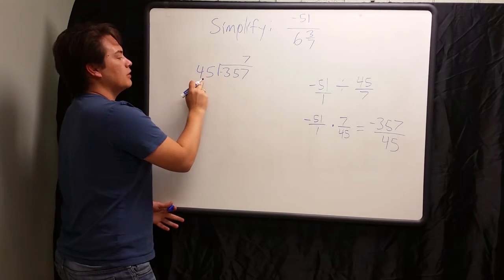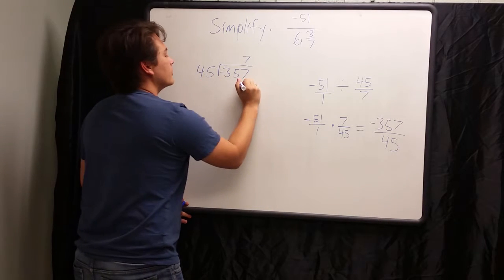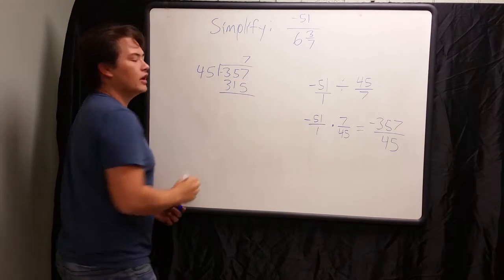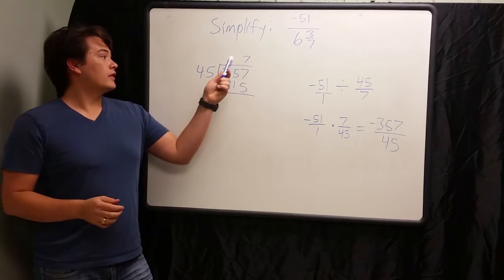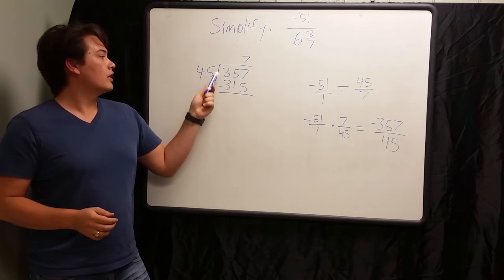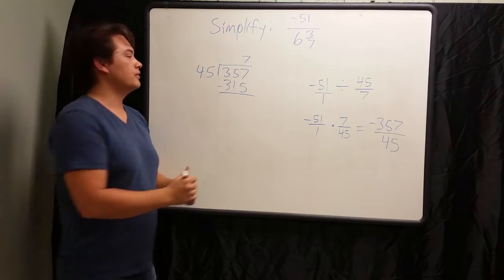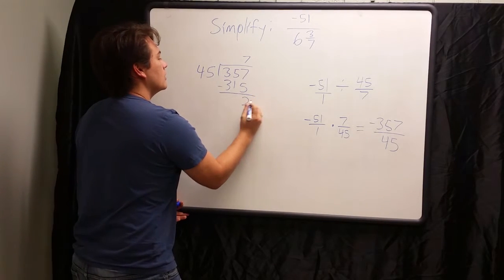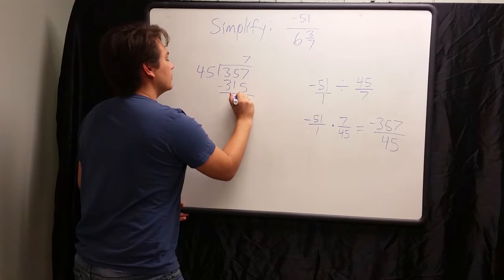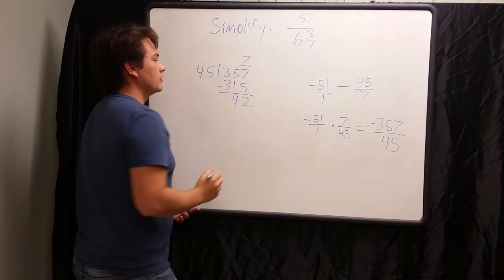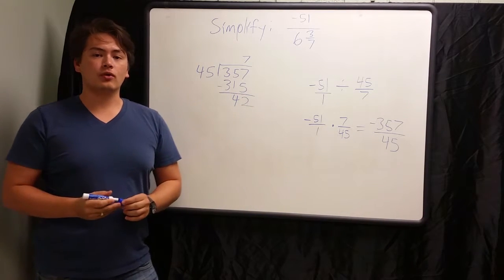So 7 times 45 is going to give us 315. 357 subtracted by 315 is going to give us 42.